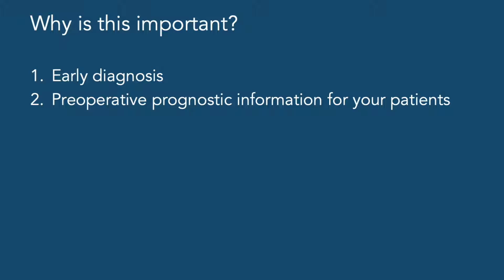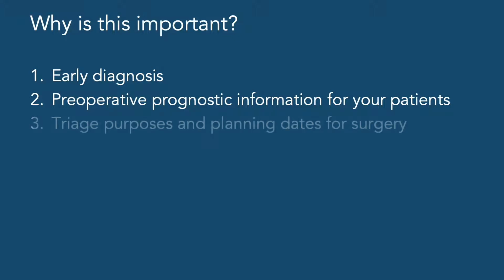So if we know that the patient only has a melanoma in situ beforehand, then we don't have to have them worried for maybe weeks or even perhaps months before they have had their surgery done and the histopathology report in hand.